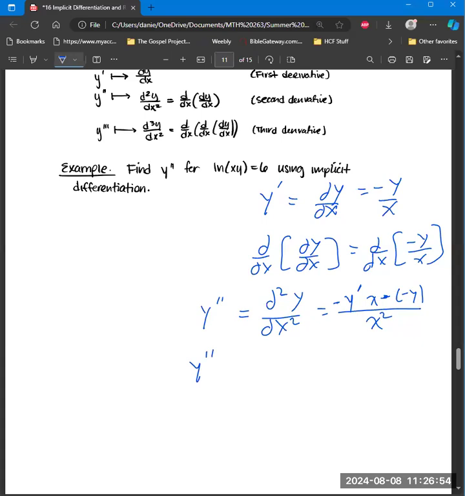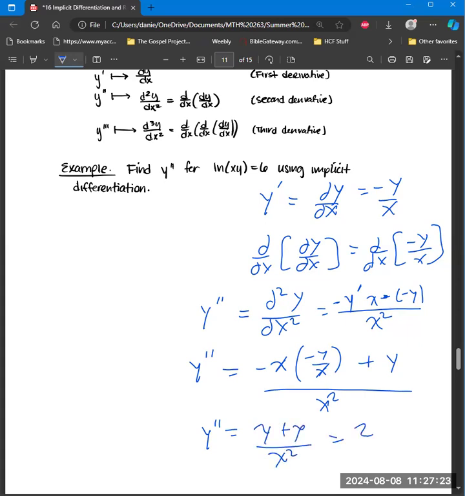So y double prime is going to be -x times my derivative for y plus y over x squared. X's will cancel. Y double prime, negative negative is a positive. Like so.